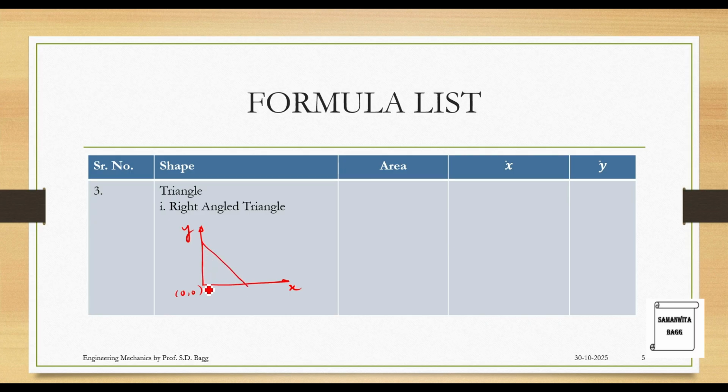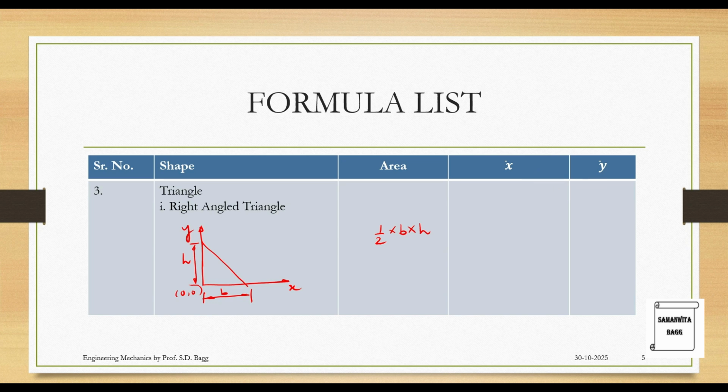So this is one side, and this is the hypotenuse. Now say for a triangle, we always label it as base. So this is B, and this one is the height. So we will label this as H.